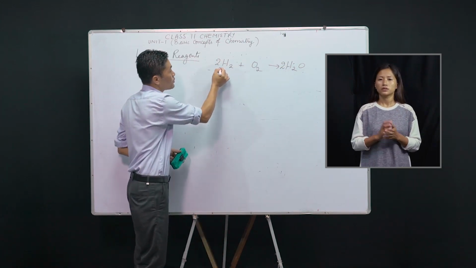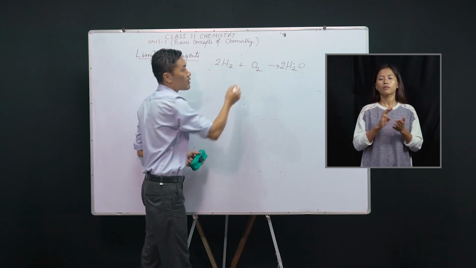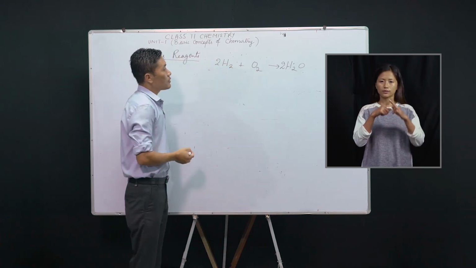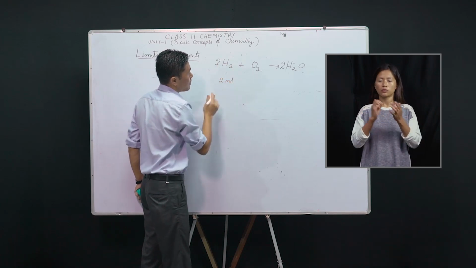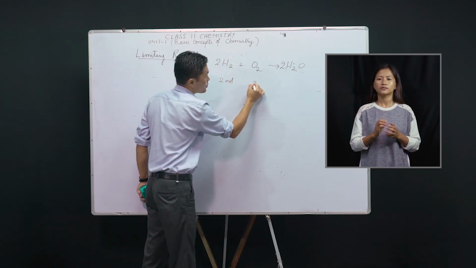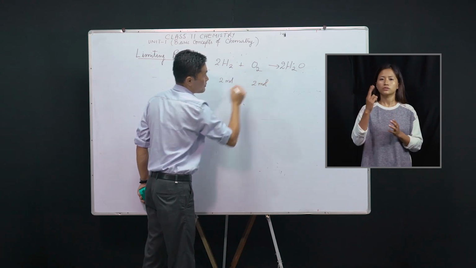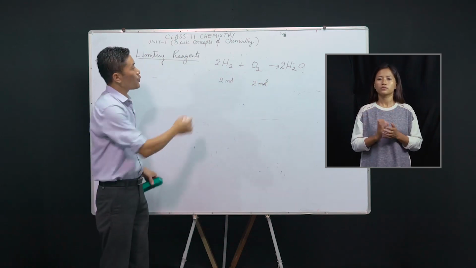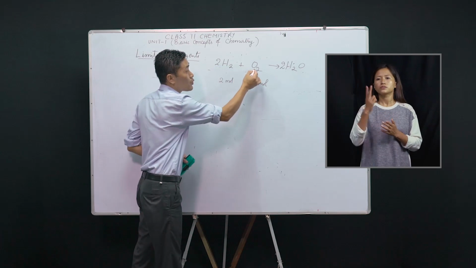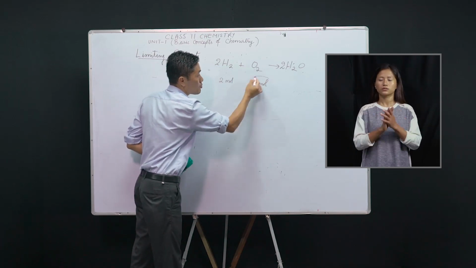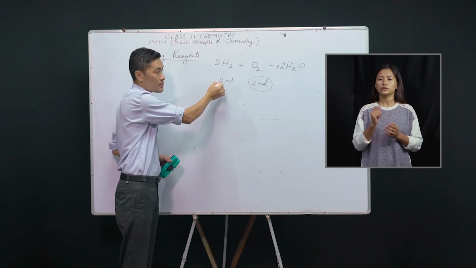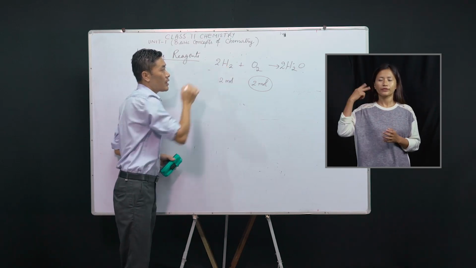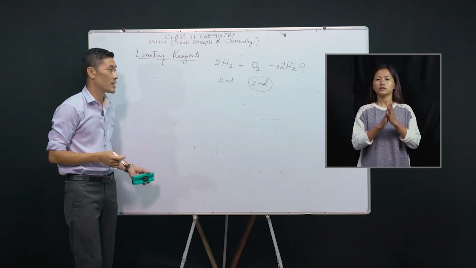So 2 moles of hydrogen require 1 mole of oxygen. If we have 2 moles of hydrogen reacting with 2 moles of oxygen, 2 moles of hydrogen require only 1 mole of oxygen. So if we have 2 moles of oxygen, that means hydrogen will get used up first. And therefore, in this case, hydrogen will be the limiting reagent.